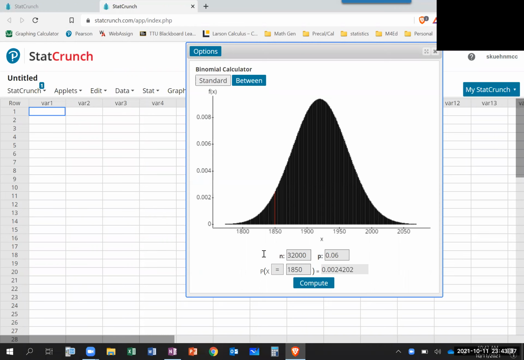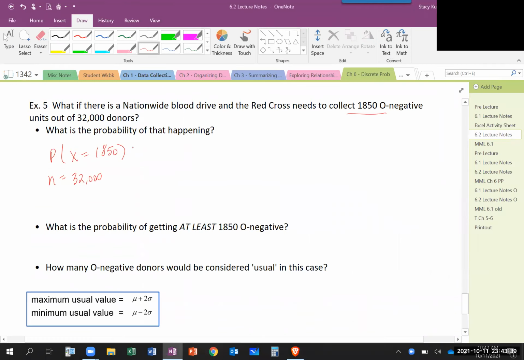So I want to hear you next time, right? If the probability is equal to 0.0024, would it be unusual for me to set the bar, if I'm the one coming up with this blood drive, and say we've got to get 1850 people? What's the likelihood of that happening?